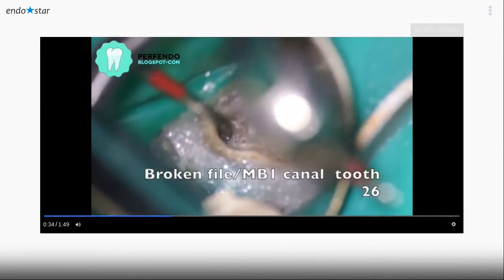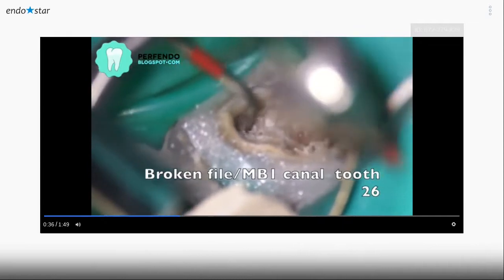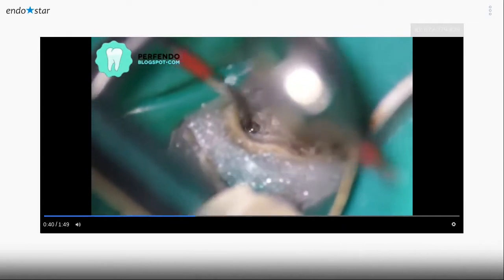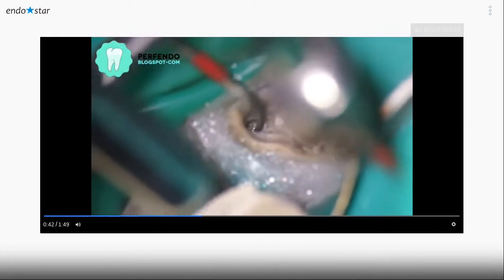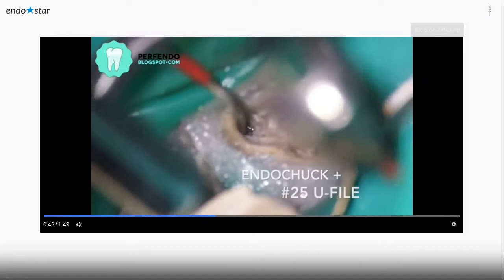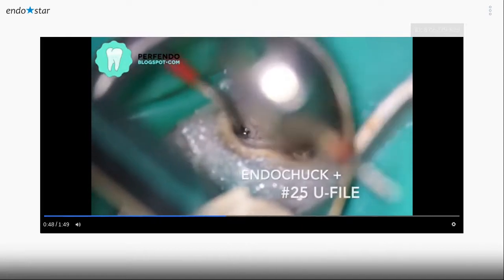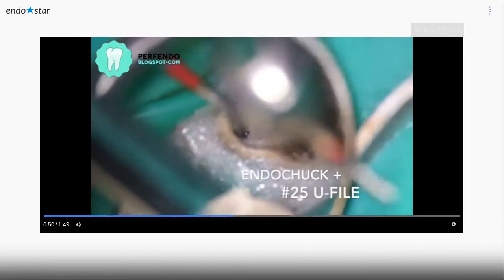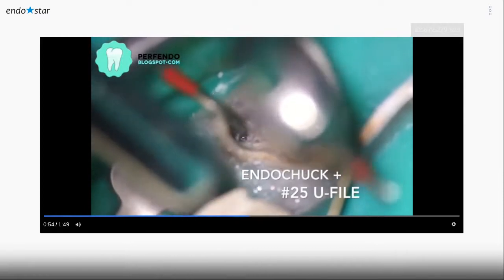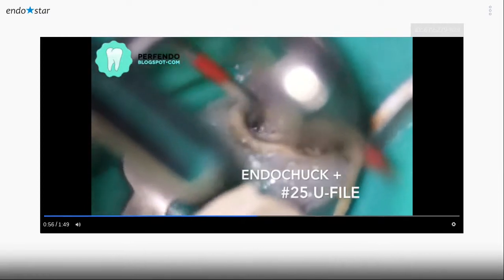This is the head of the broken file, the coronal portion of the broken file. When we release it from the surrounding dentin about 1 or 2 millimeters, we can see that it starts to screw out from the canal. So we can use the ultrasonic tip like a screwdriver and thread it out from the canal.